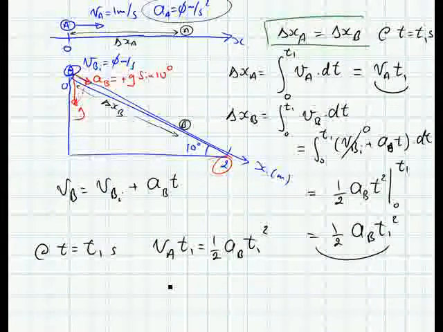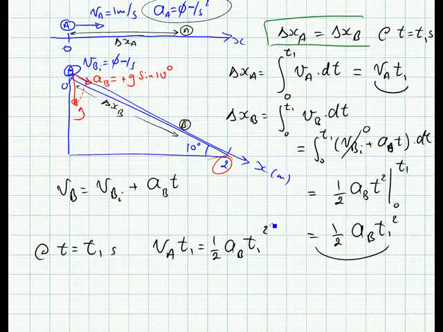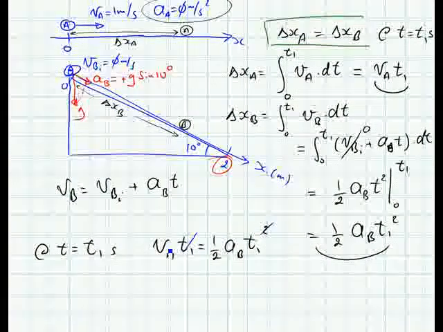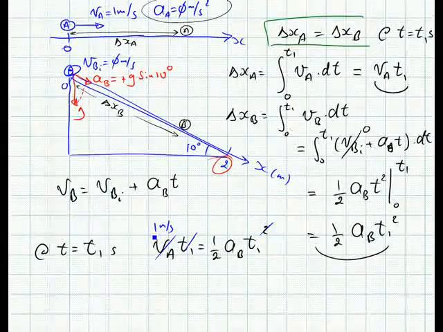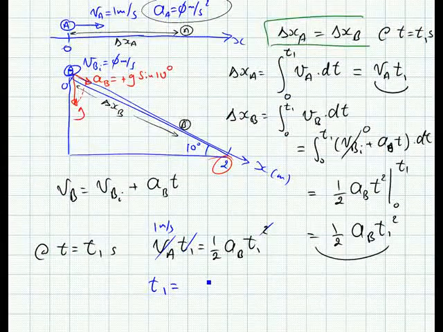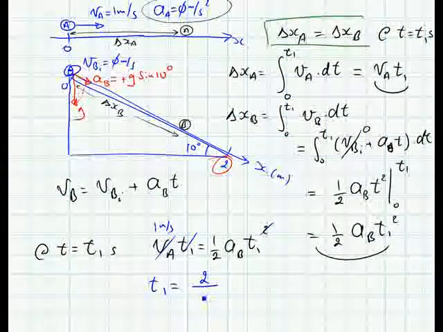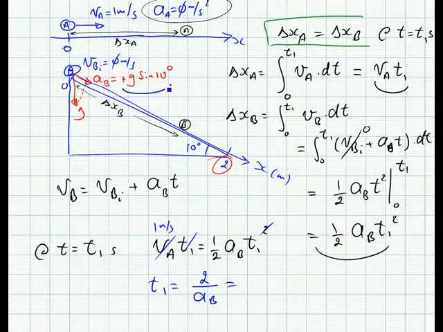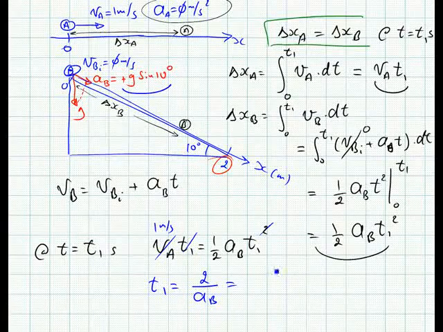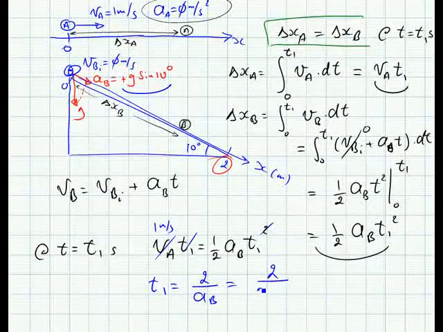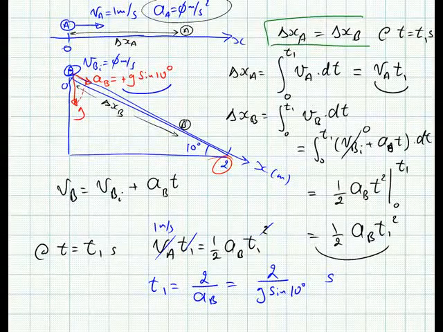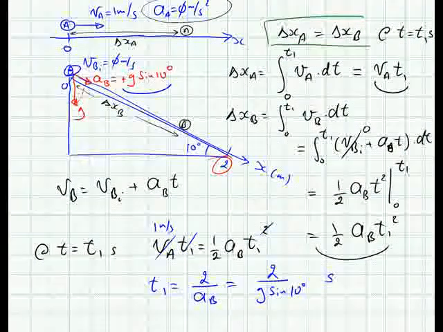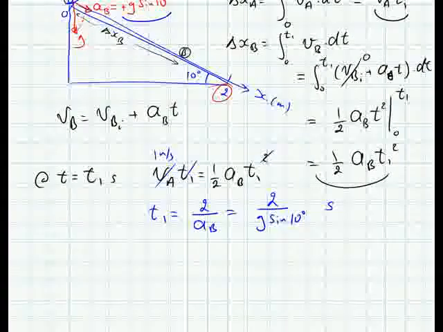If we simplify this a little bit, we can cancel that. VA is 1 meter per second, so we end up with T1 equal to 2 divided by AB, and AB is G sine of 10 degrees, so this is 2 divided by G sine of 10 degrees seconds, when ball B reaches ball A.